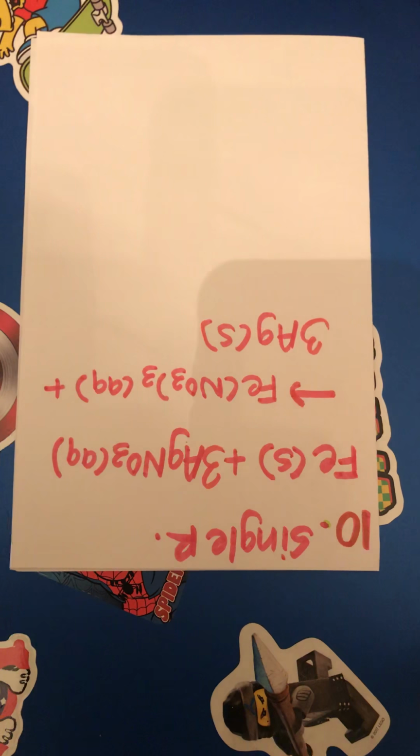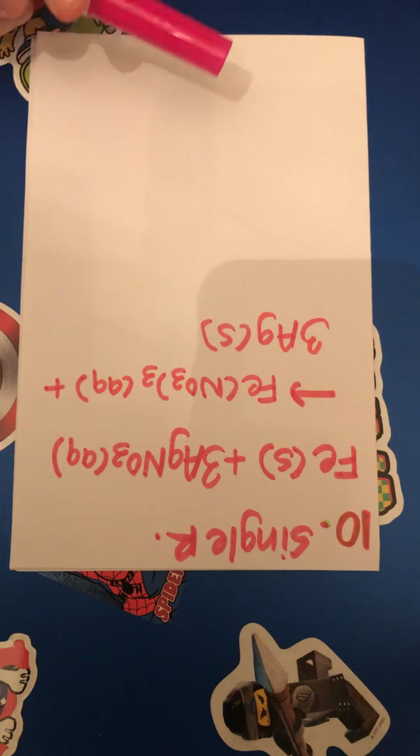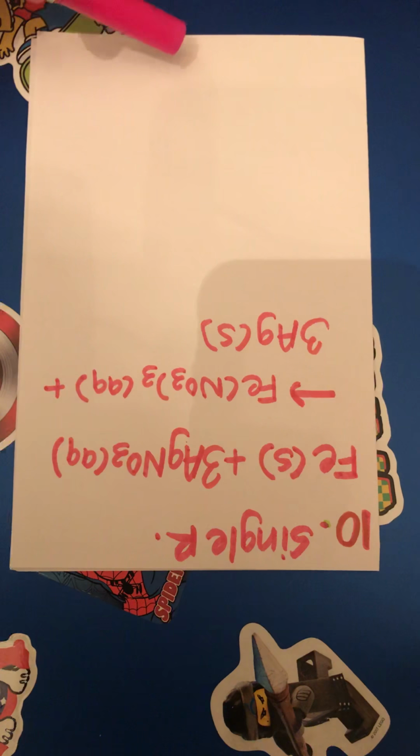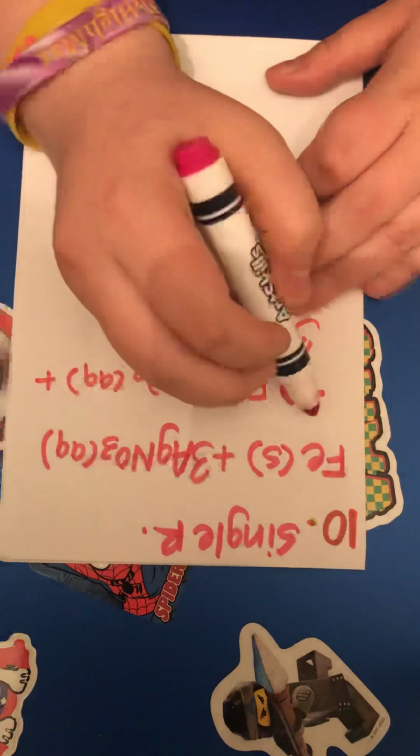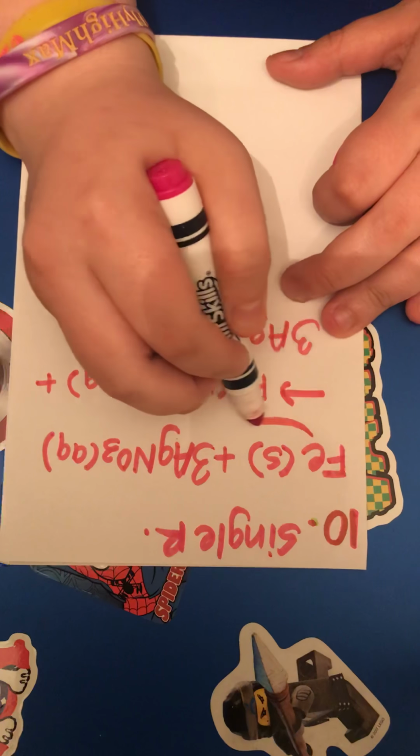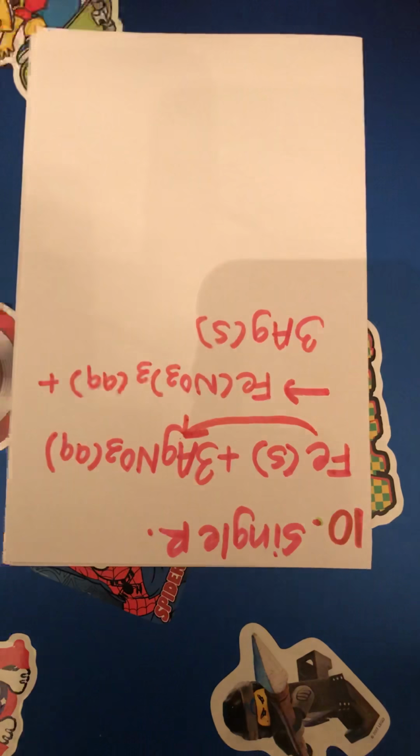So I'm just going to explain this really quick. It's pretty easy because you're just putting the words into chemical formulas, so you don't have to predict anything. But iron is replacing silver, so that it becomes iron nitrate and then plus silver.